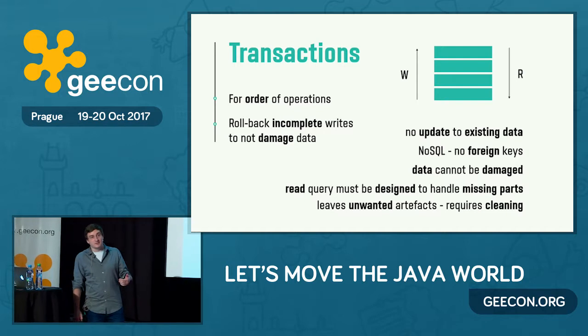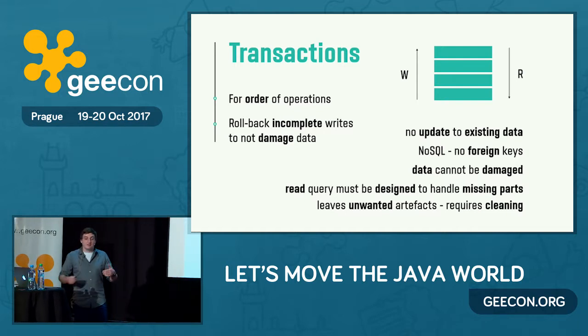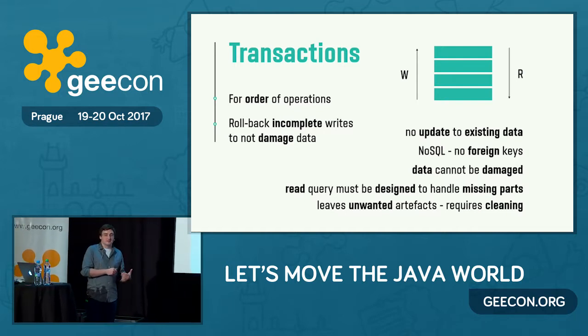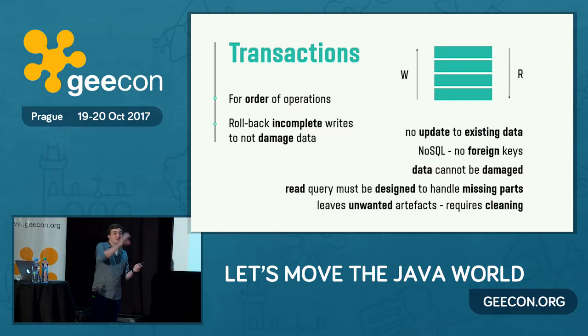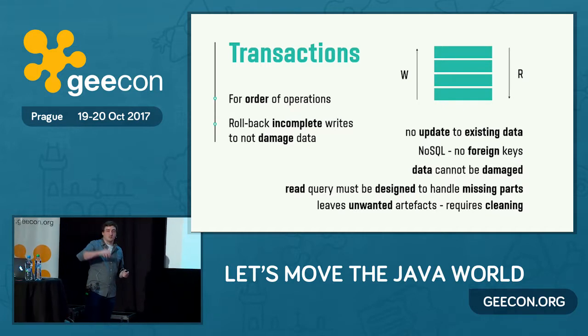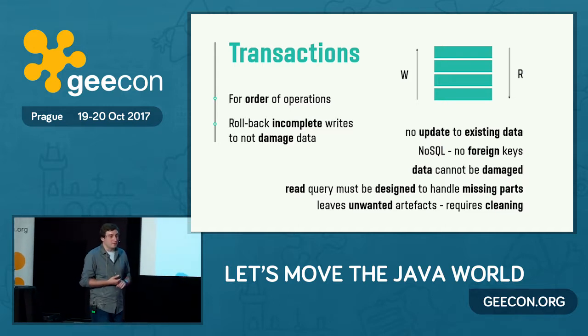Another disadvantage of this approach is that it will leave unwanted artifacts in the database, meaning that those 2 writes out of 4 are really there for nothing unless I get to the additional 2. So that may create clutter in my application.